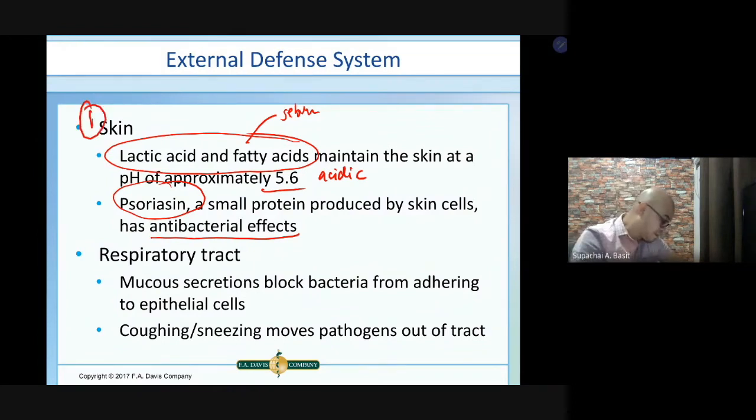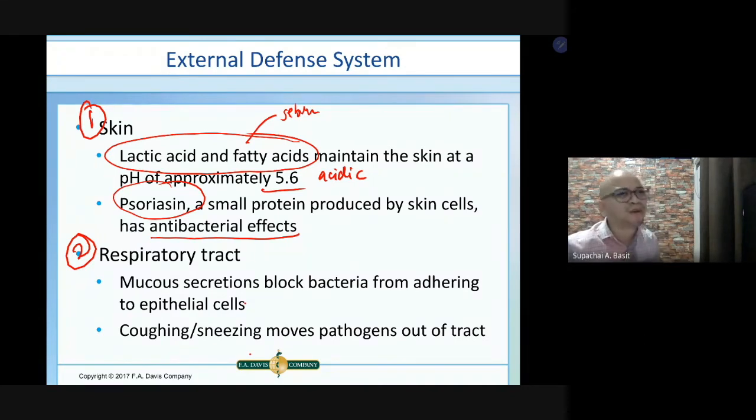Aside from the skin, we also have the respiratory tract. Again, as I introduced a while ago, our respiratory tract, particularly the lining of our trachea, is made up of pseudostratified ciliated columnar epithelium.